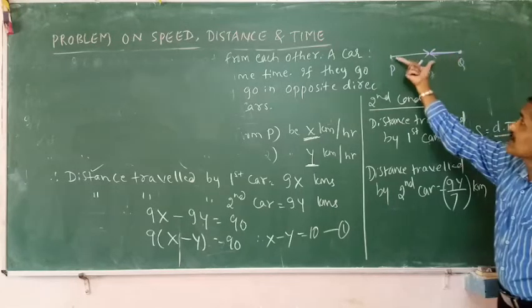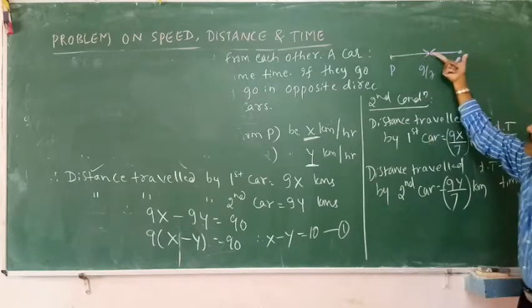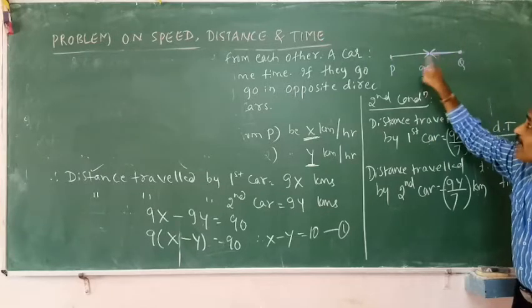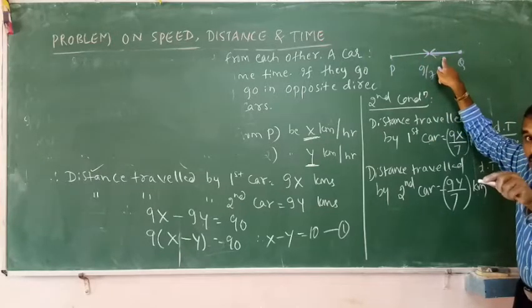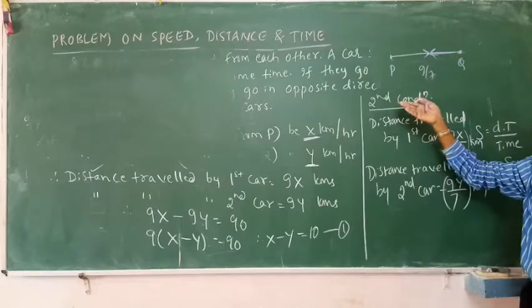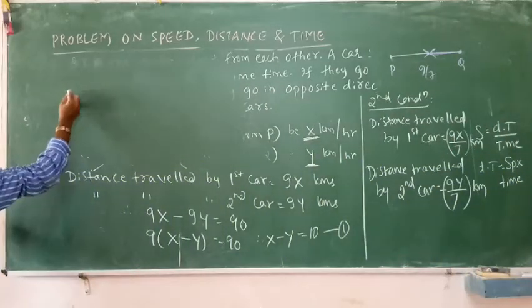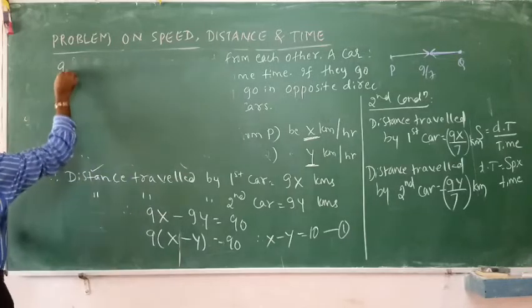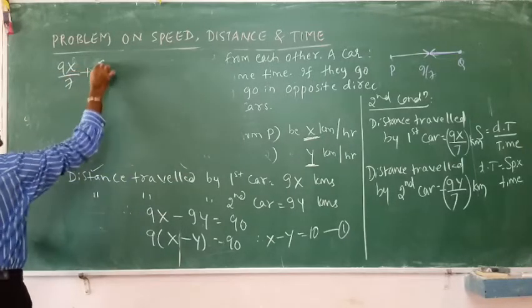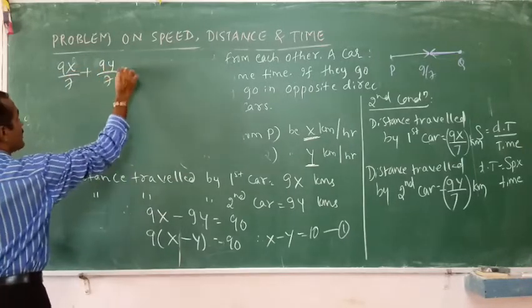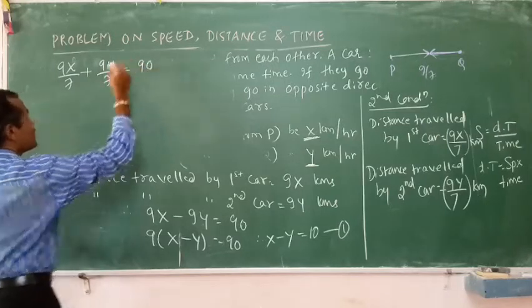This is the distance traveled by the first car. This is the distance of the second car. If you add both, it will be 90 kilometers. Okay. I can say it is 9x by 7 plus 9y by 7 is equal to 90.